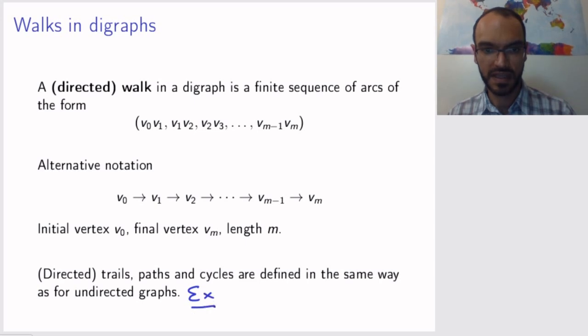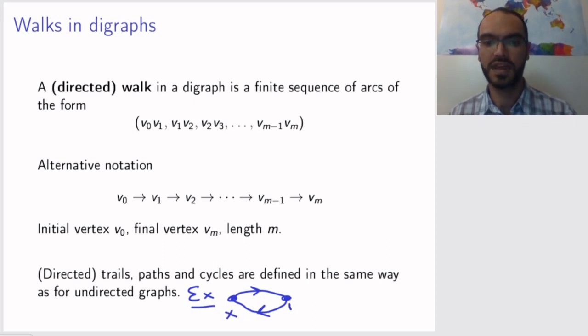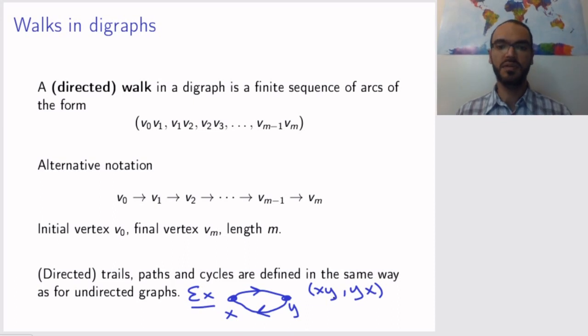Of course, when I say exactly, I mean you have to beware of the fact that now you have arrows, your edges are directed. So if you look at this graph, then X, Y, Y, X, this is a trail. So remember, trail meant that you do not repeat the same edge twice.